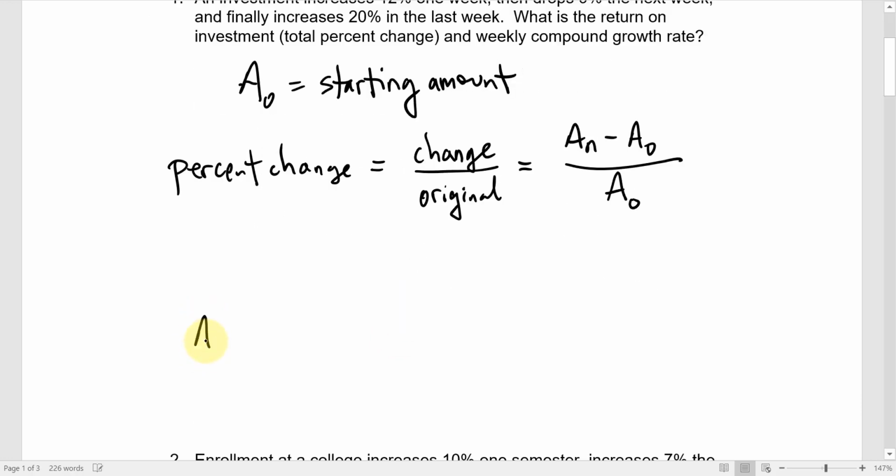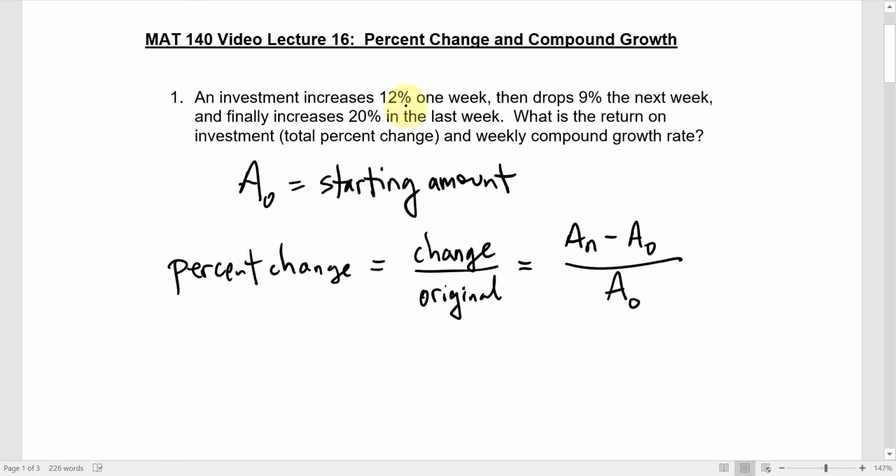So, just like what I was doing before, I could calculate that new amount by looking at these increases and decreases. I'm going to figure out what that future amount is after 3 equal periods of time, and those periods of time are weeks. Just to spell everything out, I'll put 1 plus 0.12 because of the 12% increase.